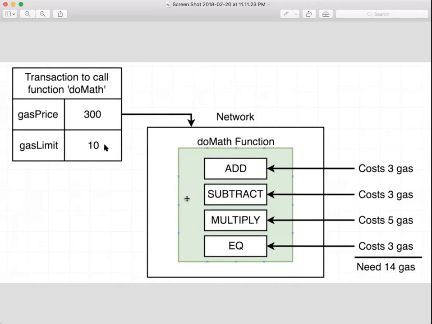So what happens in a case where we need some amount of gas, but we allow a lower amount? We don't provide enough gas limit. Well, for every operation that is executed inside of our contract, the person who is executing that code checks to see the current amount of gas that has been spent and how much is available.